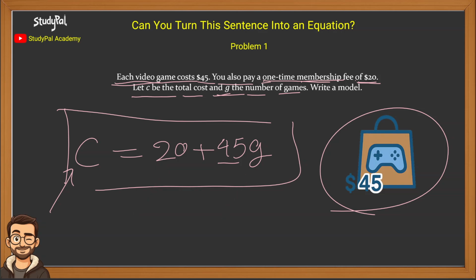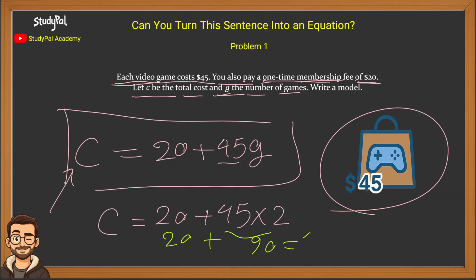So imagine you have 2 games. What is your cost? C is 20, the fixed one, plus 45 times 2, which is 90. So this gives us 90 plus 20, in total $110.